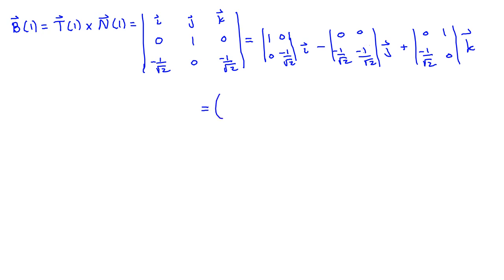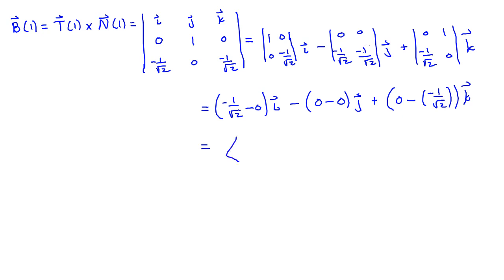So I'm left with 1 times negative 1 over root 2, which would just be negative 1 over root 2, minus 0 times 0 is 0. I'd have 0 minus 0 on the j, so yes, that term does go away. And on the k, I'd have 0 minus negative 1 over root 2.